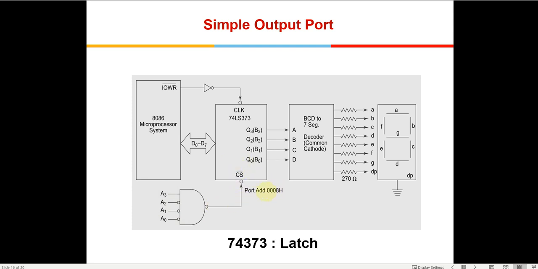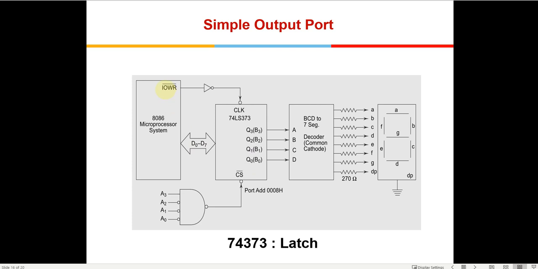Whenever 0001 is placed on the address lines, this chip will get selected. There could also be a memory operation in which the same address comes in, and in that case this chip should not be selected. Only when we write the out command to the port does this chip need to be selected.